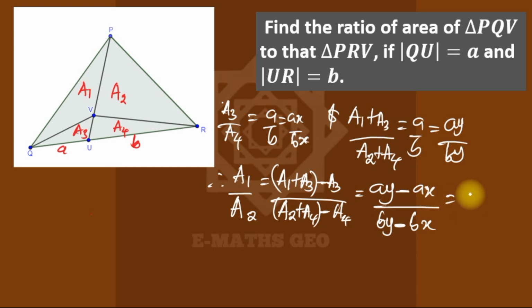What do you notice? We have a common factor A in the numerator, with the remaining Y minus X, and a common factor B in the denominator, with the remaining Y minus X. So we can see that A1 over A2 is A over B, because the common factor is gone.